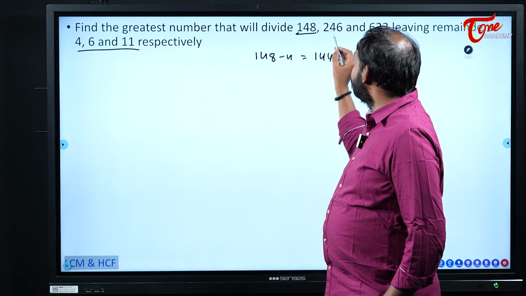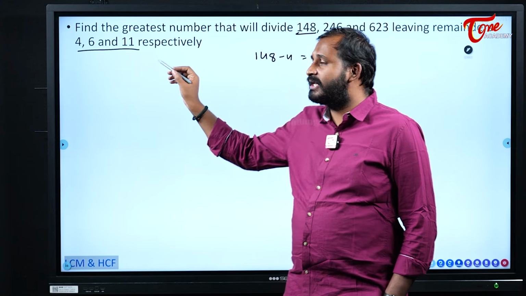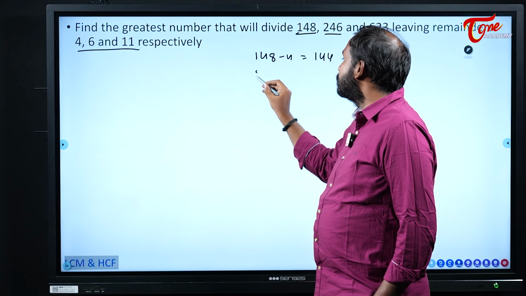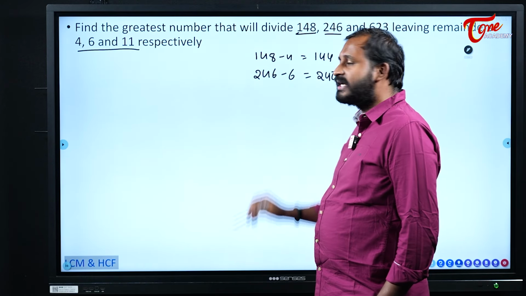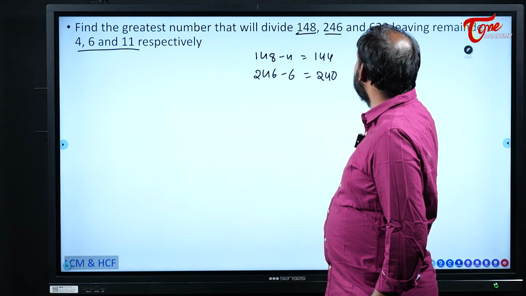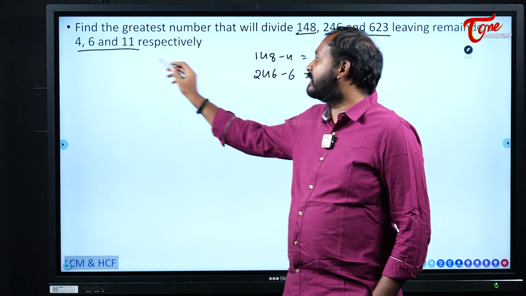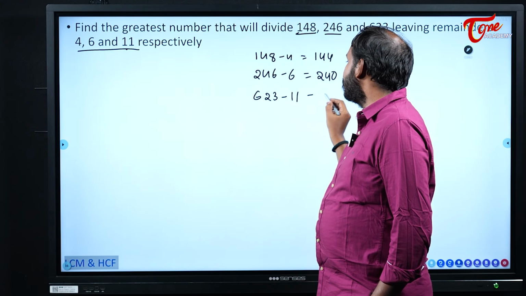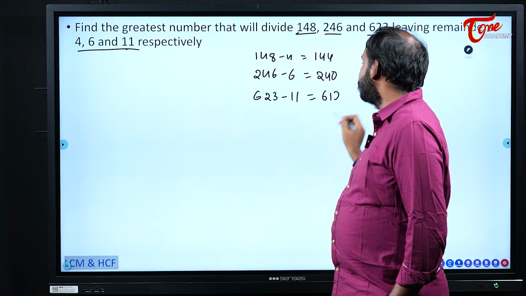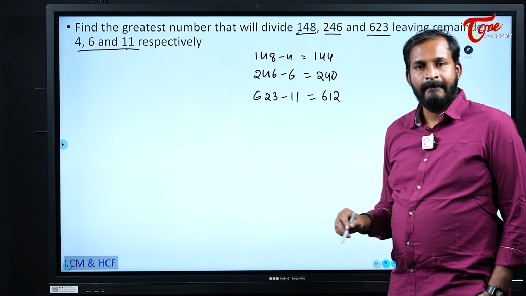Yes. Next, when I divide it with 246, I will get a remainder of 6. That means 246 minus 6, what is it? 240. That one is also exactly divisible. Yes. Next, when I divide it with 623, I will get a remainder of 11. That means 623 minus 11, that is 612. This is also exactly divisible.